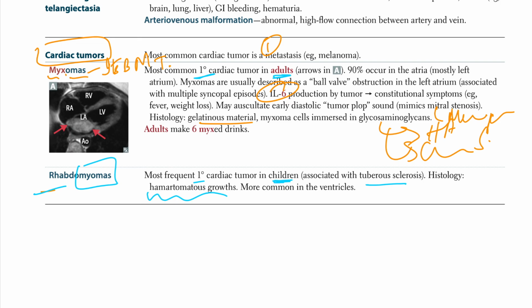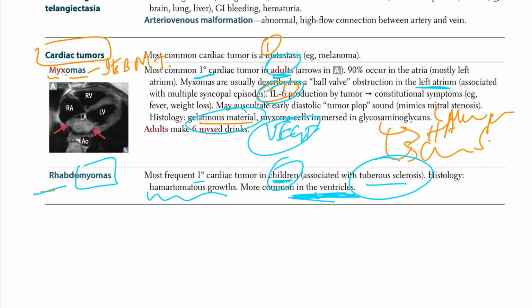Most common in the ventricles. High yield: this was left atria, here the ventricle. That is an adult, here's a child. It is associated with tuberous sclerosis. That is unlike the one associated with IL-6, VEGF, and gelatinous material. And what else? Yeah, that's pretty much all we have.